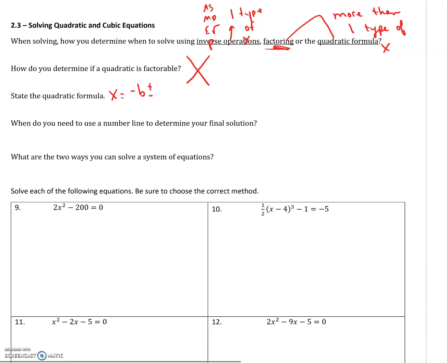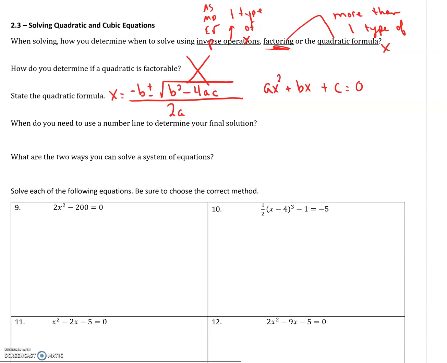Don't forget that part. A big square root, and then it's b squared minus, not times, 4 times a times c, and then all of it is over 2a. And remember, you're going to get a because that's the number in front of x squared. You're going to get b because that's the number in front of x. And then you're going to get c, which has no x with it.